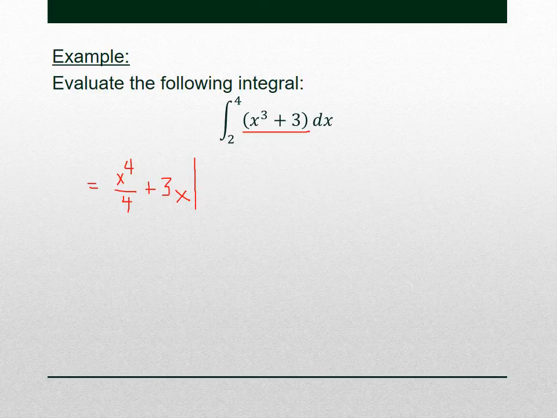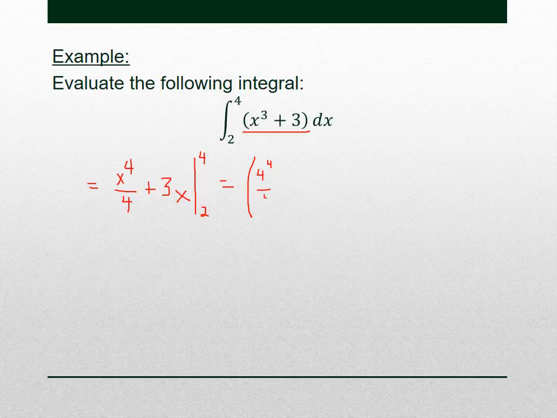And then plus 3 becomes plus 3x. So that is the antiderivative. And then since we're doing a definite integral from 2 to 4, we want to evaluate this function starting at 2 and ending at 4. So that's that big vertical bar, 2 at the bottom, 4 at the top.